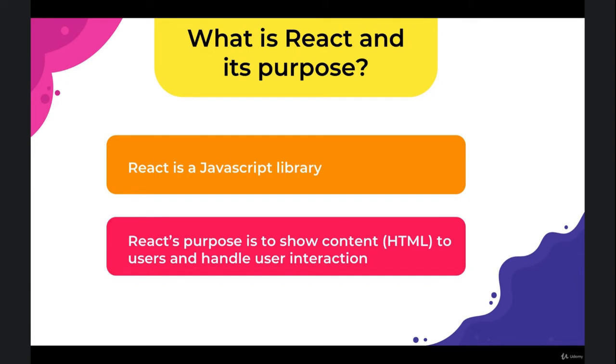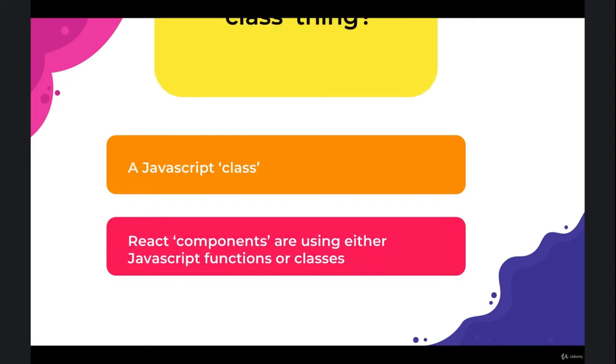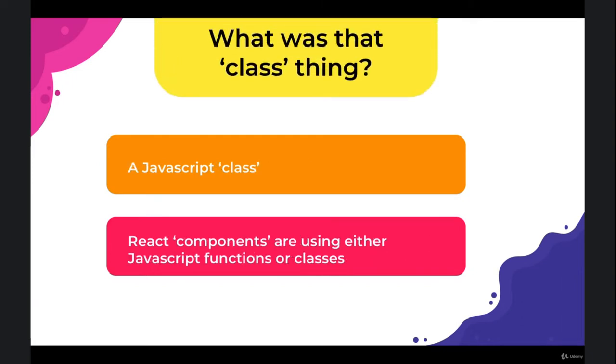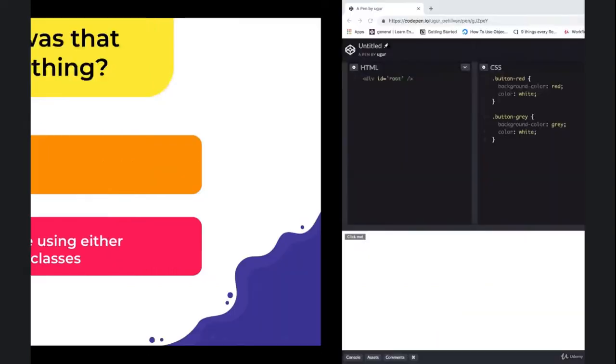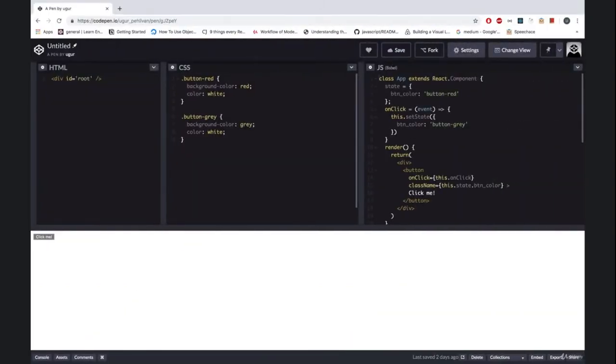Just playing. So the next question is, what was that class thing that we put together? Now, if you notice, back over here in the JavaScript editor, line 1, we had this class App extends React.Component. All right, you with me? So that syntax we saw there is a JavaScript class.